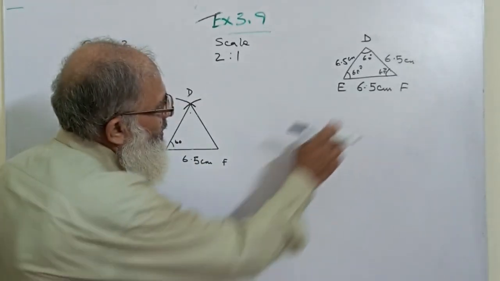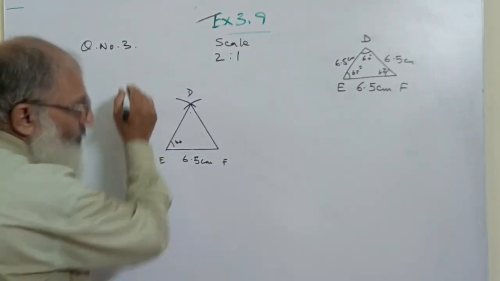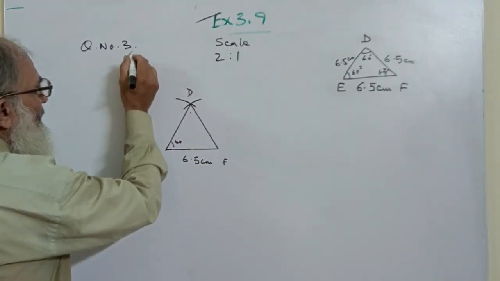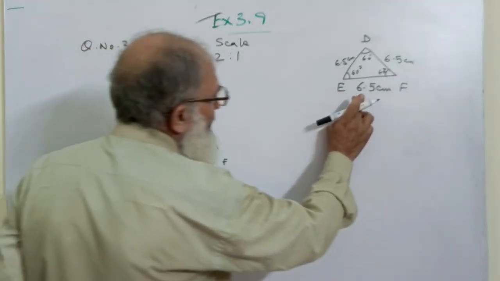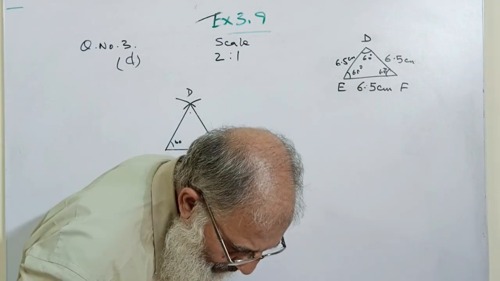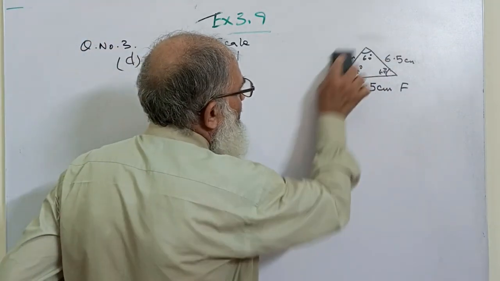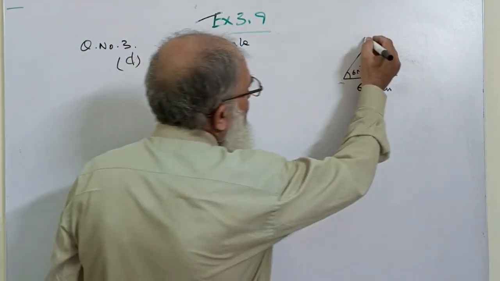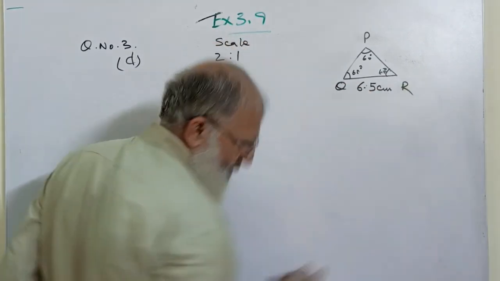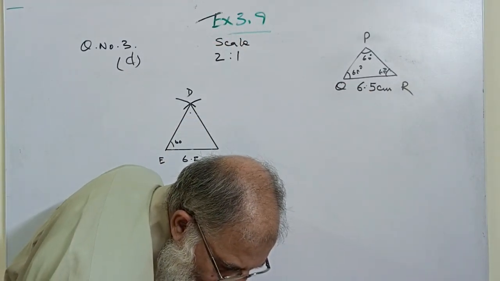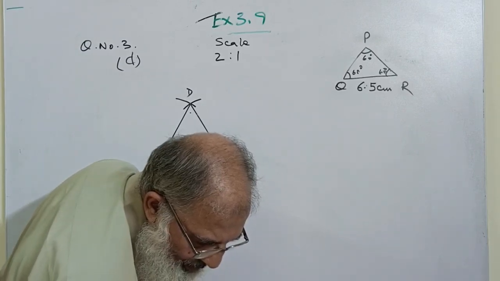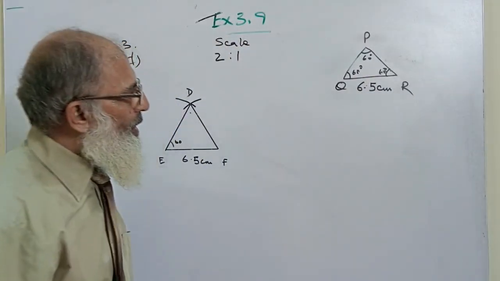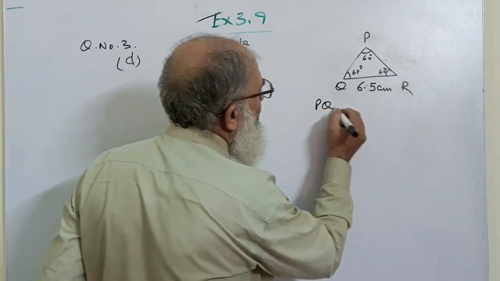Now this was question number C, and now question number D. In question number D, the names are changed to PQR. Now it is written that PQ is equal to PR.